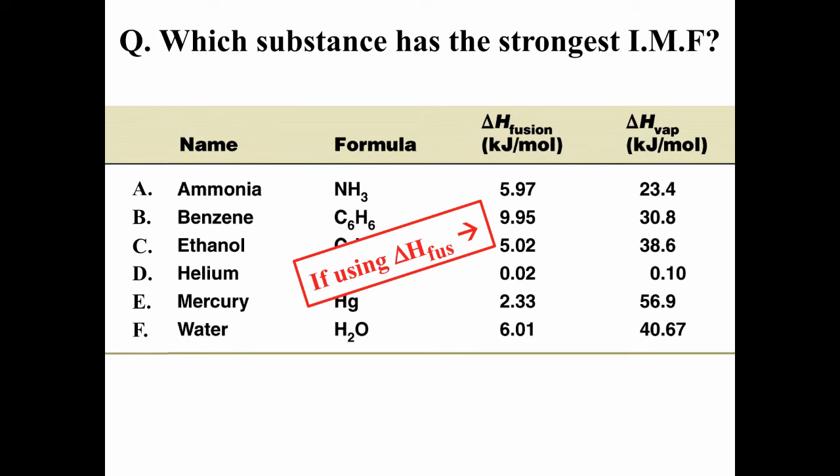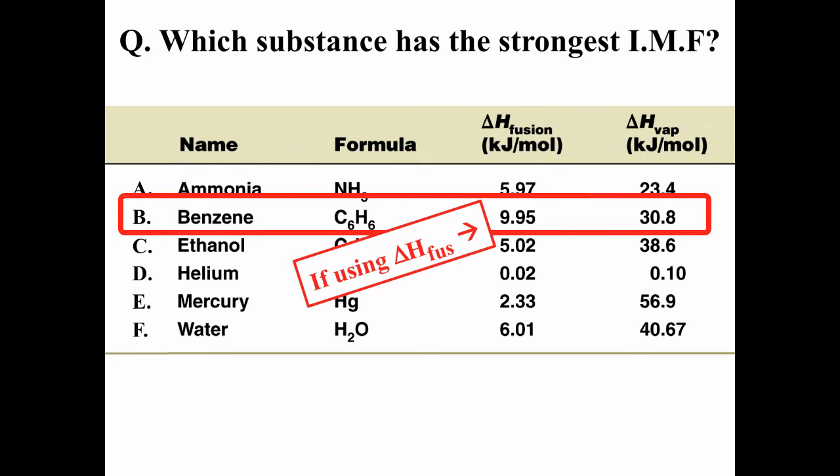And note, if we use delta H of fusion values, then benzene has the largest delta H of fusion of these compounds, and so we would say that benzene has the strongest intermolecular forces. But if we use delta H of vaporization values, note that the largest value is the 56.9 kilojoules per mole for mercury, but that's not really an intermolecular force technically.